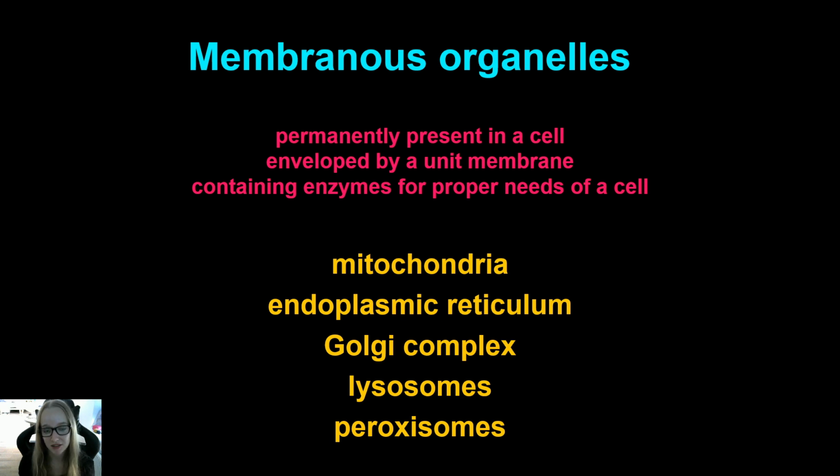They are permanently present in a cell and they contain enzymes for the needs of a cell. We have already talked about mitochondria in the previous lecture, but there are also other organelles in the cell, like endoplasmic reticulum, Golgi complex, lysosomes, and peroxisomes.